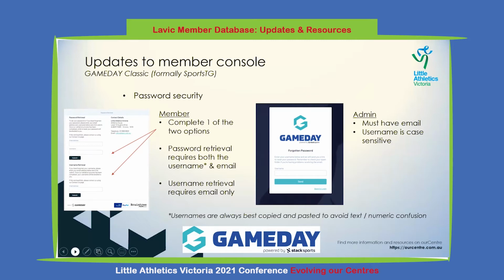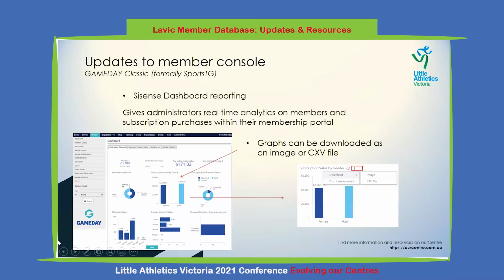Another great and helpful update was the recent release of the introduction of the SciSense dashboard reporting. This provides administrators with real-time analytics on members and subscription purchases within their membership portal.